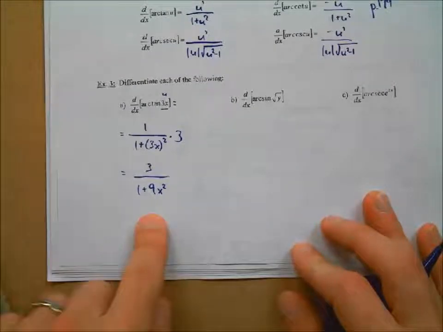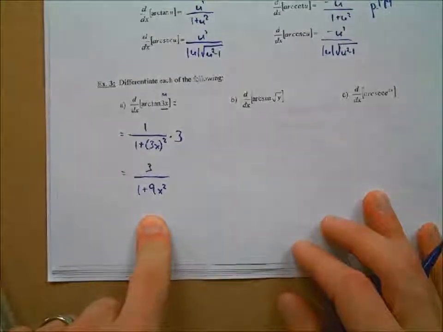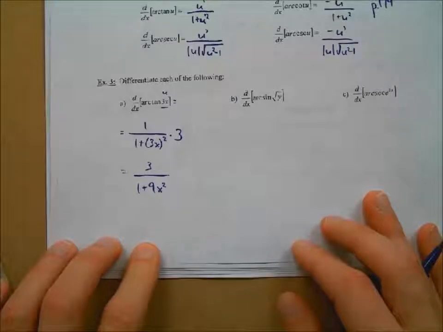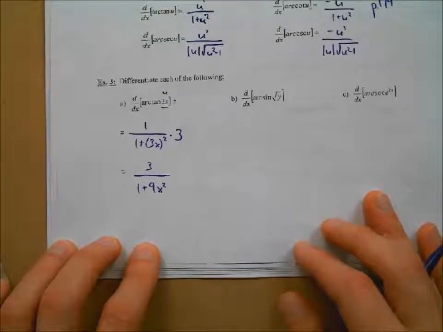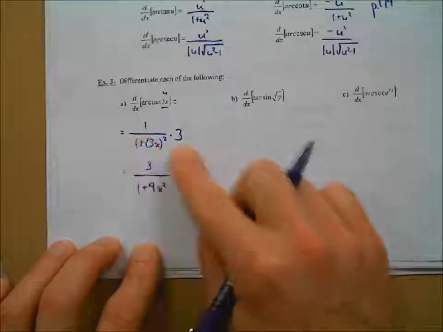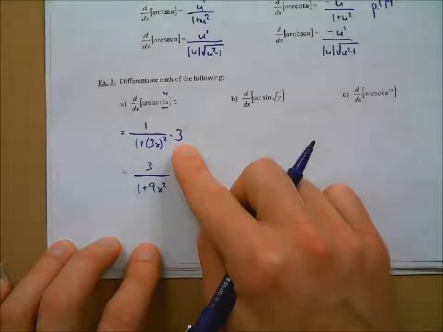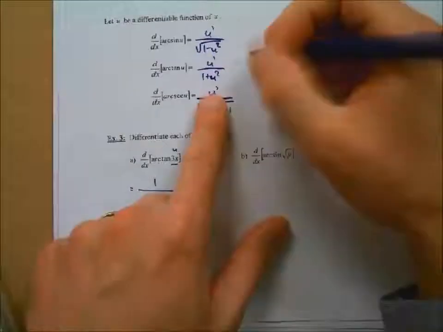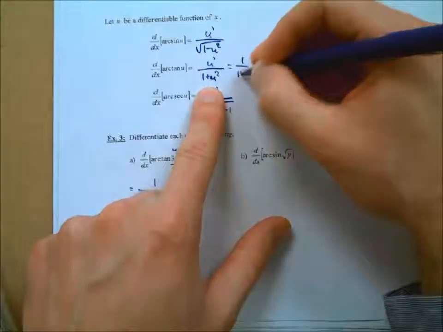Letter A there? Sean? It says u prime over 1 plus u squared. I don't understand why I put a 1 there? I multiplied by the u prime out here. This is equivalent to saying 1 over 1 plus u squared times u prime, right?